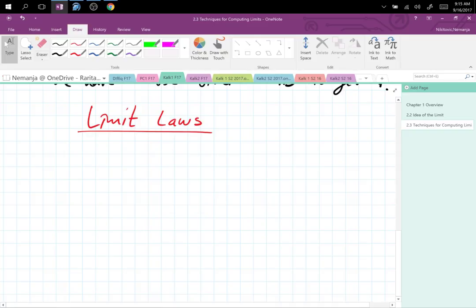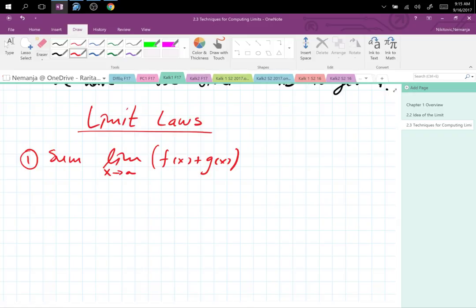All right, so what do we have? Law number 1 is the sum law, which says the limit as x goes to a of f of x plus g of x. So if you have two functions adding, like x squared plus 3x, x squared would be f of x and 3x would be g of x.